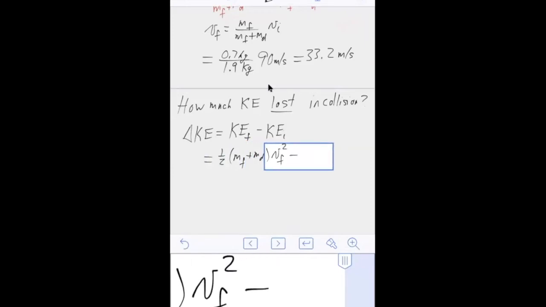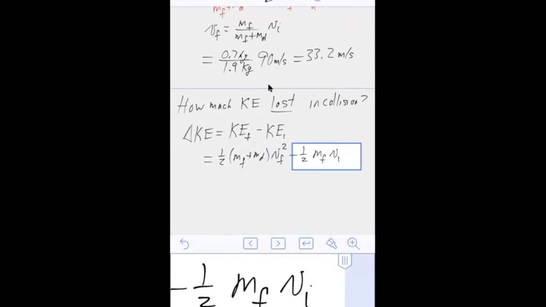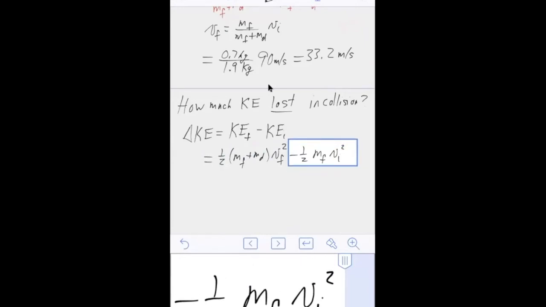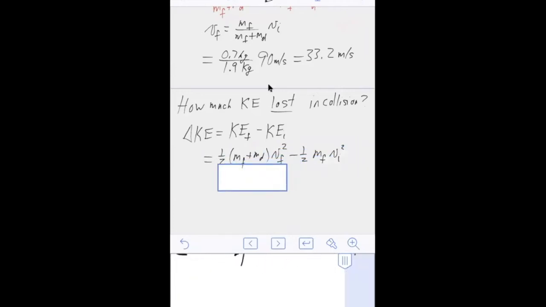And then I'm going to subtract 1/2 of the mass of the falcon times the initial velocity squared. Right, because in the beginning only the falcon was moving, so I don't have any kinetic energy from the duck.